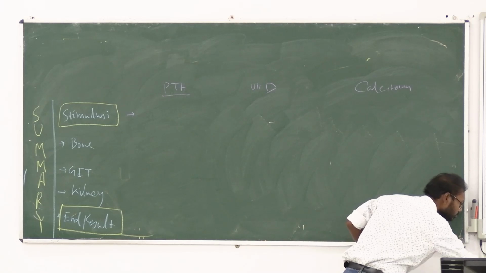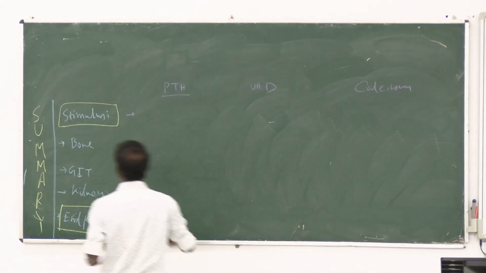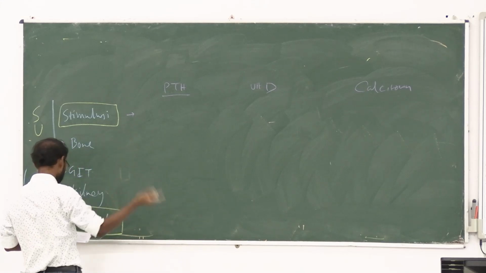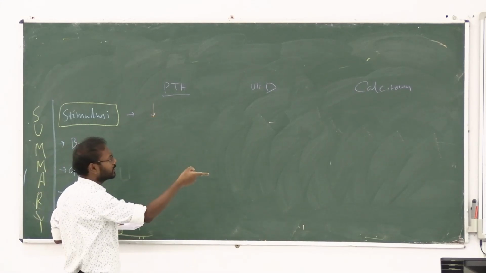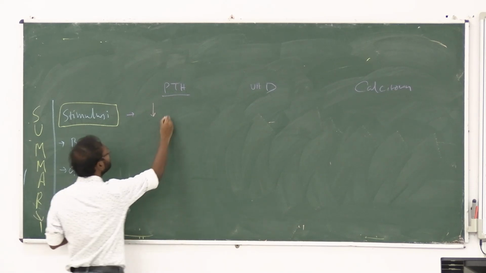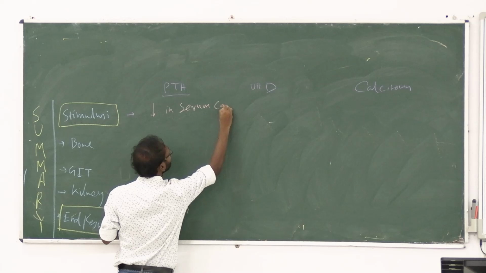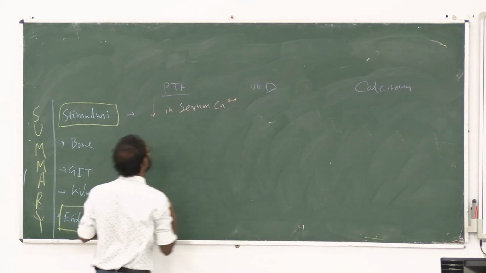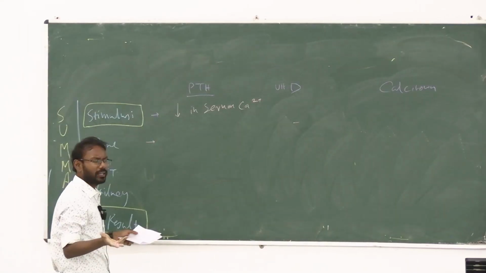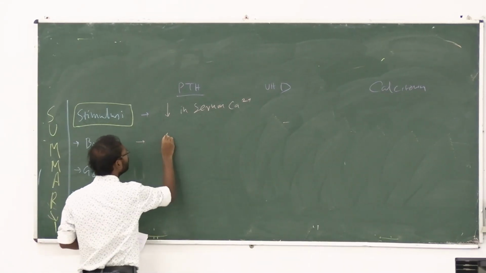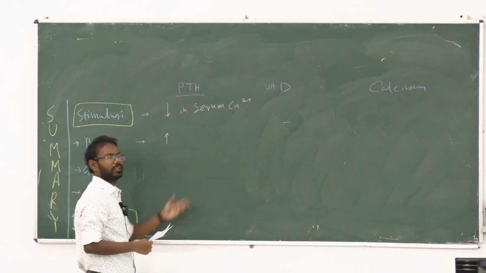So the stimulus was a decrease in serum calcium. PTH synthesis or secretion is stimulated by a decrease in serum calcium. In bone, what is PTH doing? It works by RANK ligand.